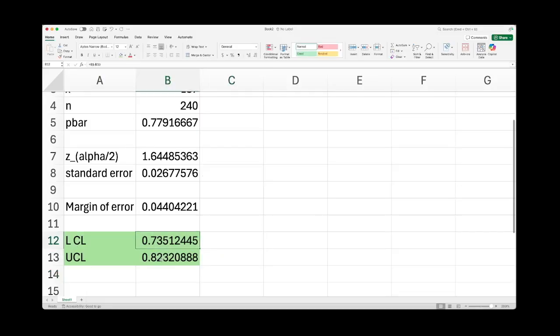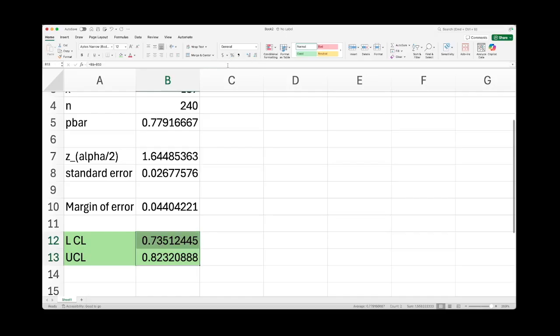Remember that our proportion, p, can't be bigger than 1 or smaller than 0. It has to be between 0% and 100%. If I got an LCL or UCL that was smaller than 0 or bigger than 1, that wouldn't be helpful, and it might mean that I made a mistake. But here, these are both between 0 and 1, which is good.